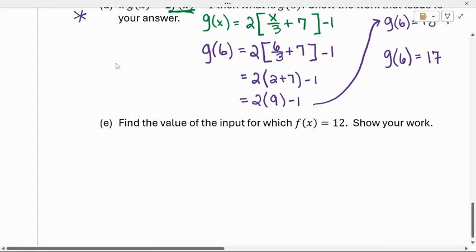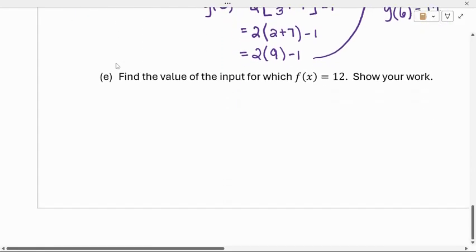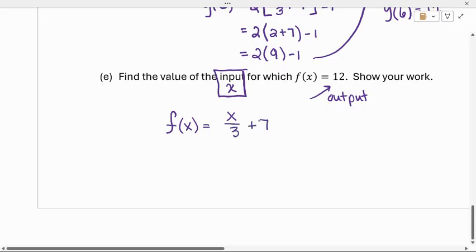What about example E? This one is different. It says, hey, you need to find the input. You need to tell me what value of x gives you an output of 12. So let's see. Our f of x function is x divided by 3 plus 7.